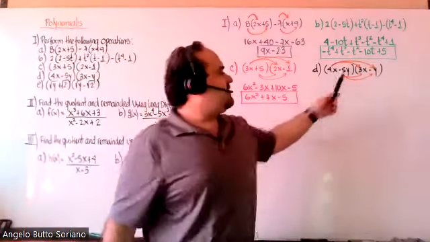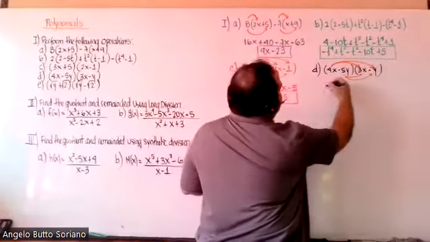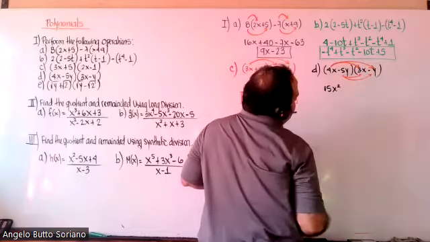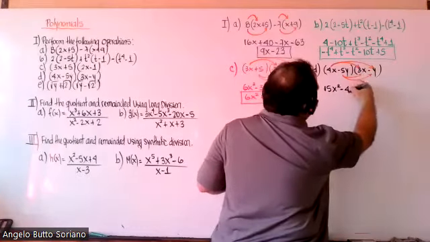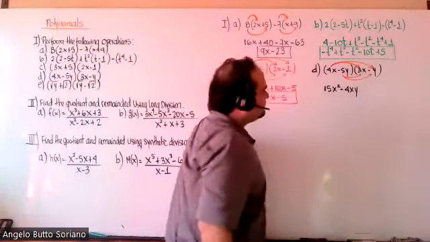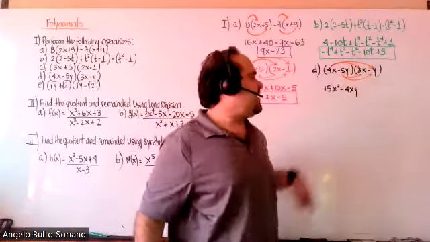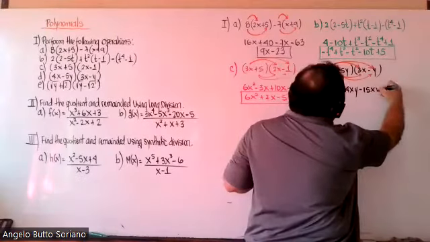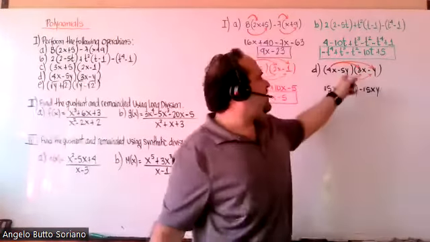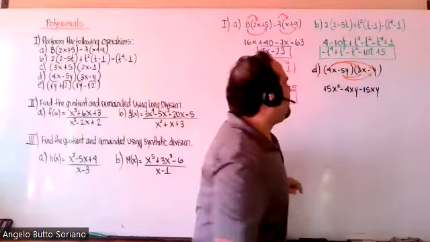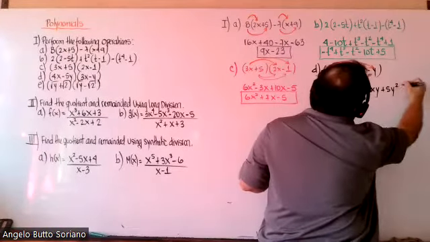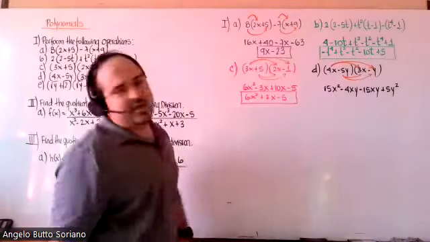So 4 times 3, that will be 12x squared. 4 times negative y, we have negative 4xy. Negative 5 times 3, we have negative 15xy. And finally, negative 5y times negative y, we have positive 5y squared, okay?